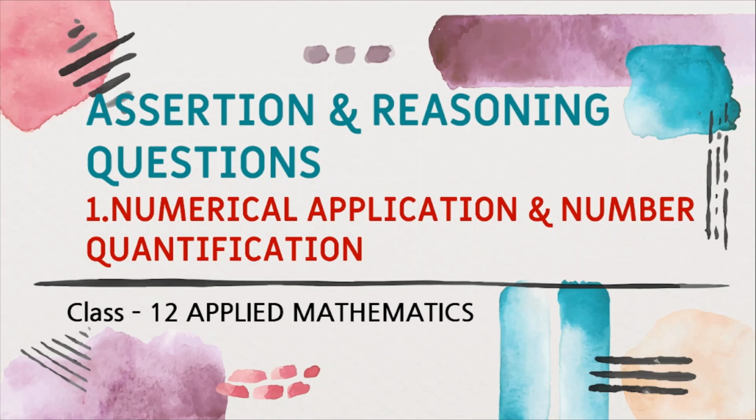In the reasoning, there can be an explanation which is related with that given assertion, or a reason should be a formula or a statement or a theorem. Assertion can be an explanation to that. Like that, two statements will be given and we are going to relate these two statements.